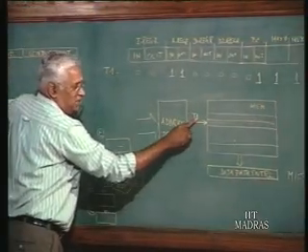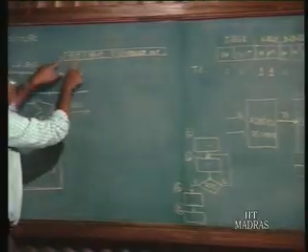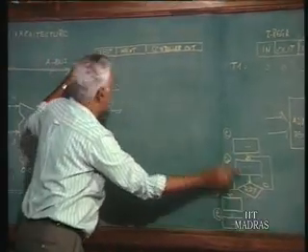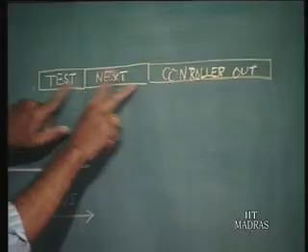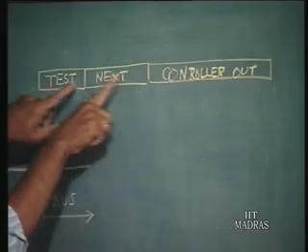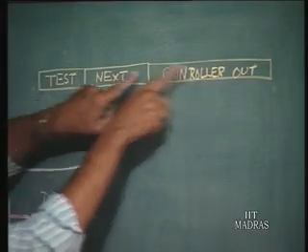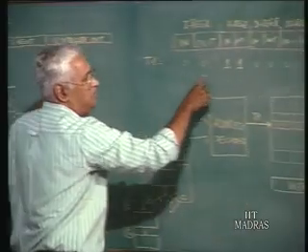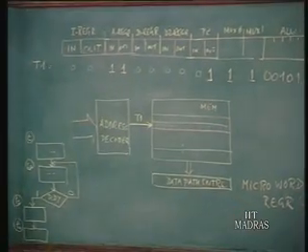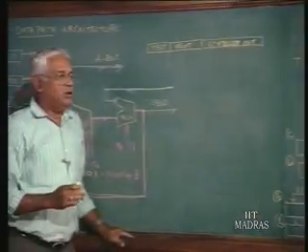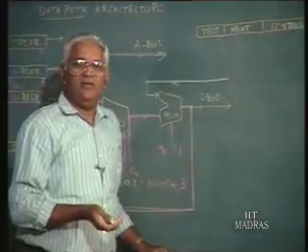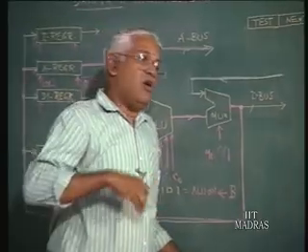So given a state, what are the inputs to be tested? That information must be there. Then depending on the condition of this, what is the next state, and then also it must give this particular one.